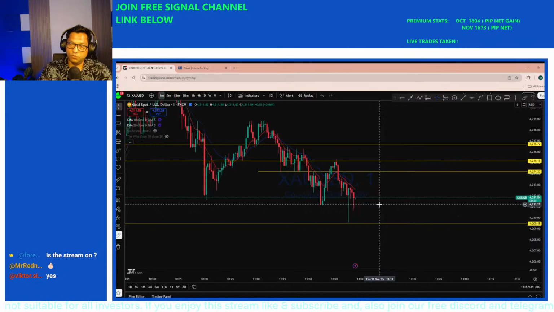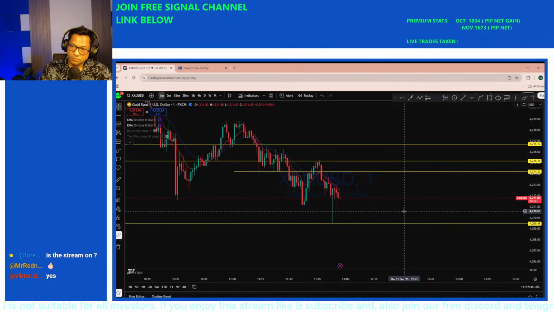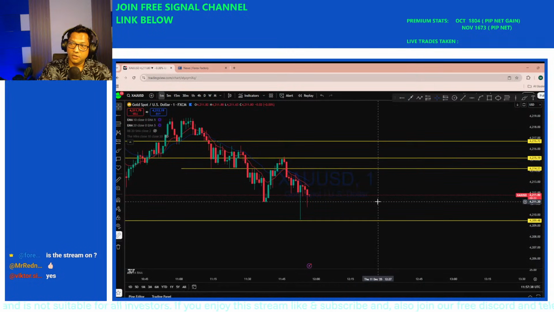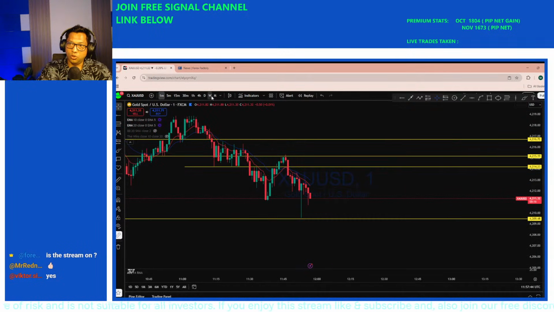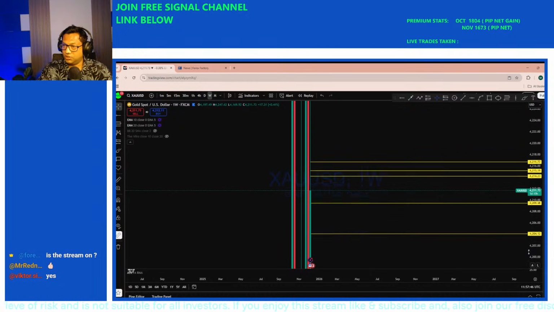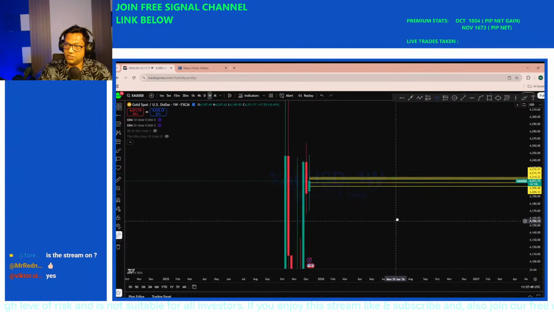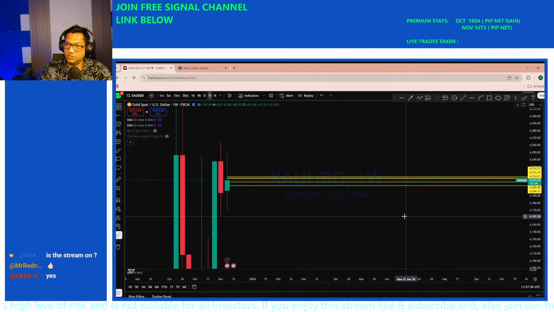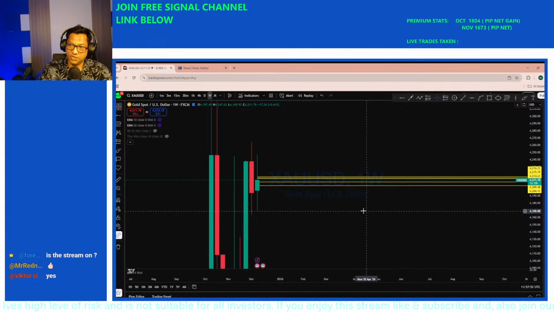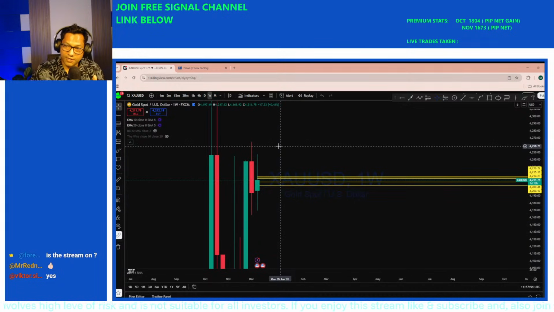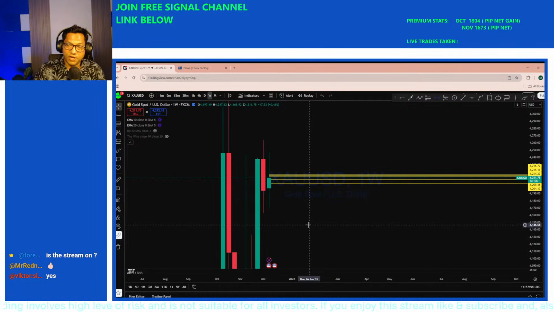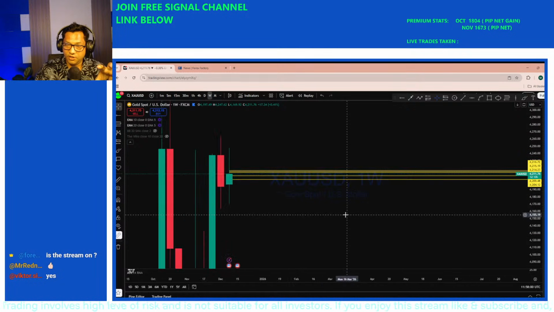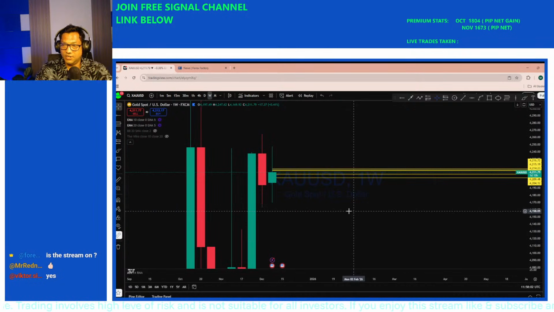Now this bearish move, definitely if you look at the higher time frame, it's a pullback. So looking at the weekly market structure, this is the weekly price action, and when we look at weekly, it really gives us a much better understanding of the market structure.